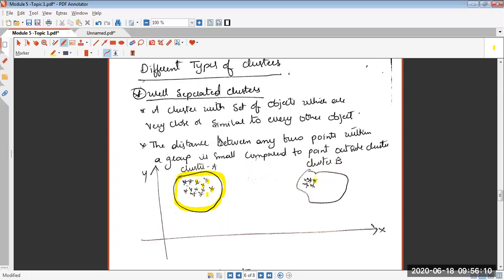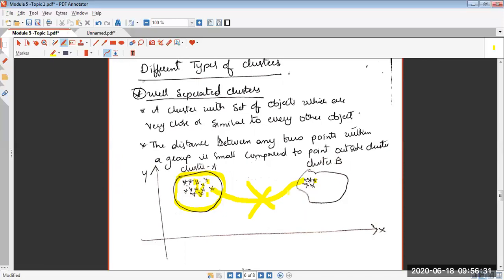If you have done a basic analysis, you will understand data points in cluster A are very close to one another, very much similar. But a data point in one cluster is very much dissimilar to a data point in a different cluster.